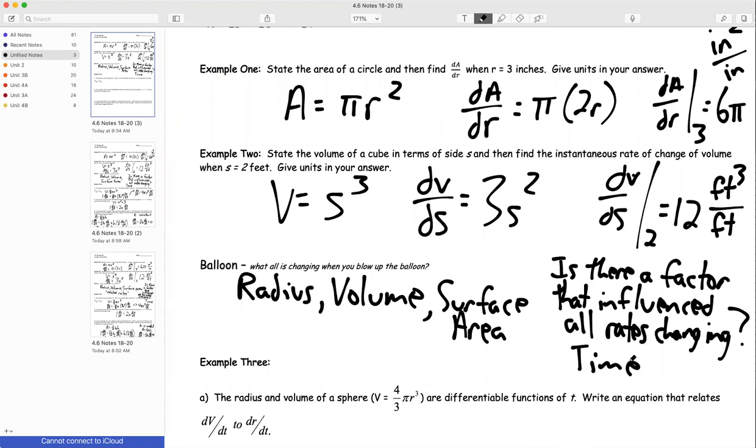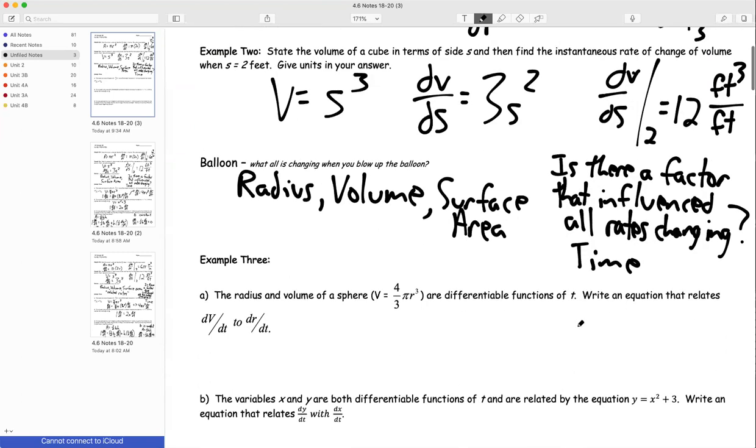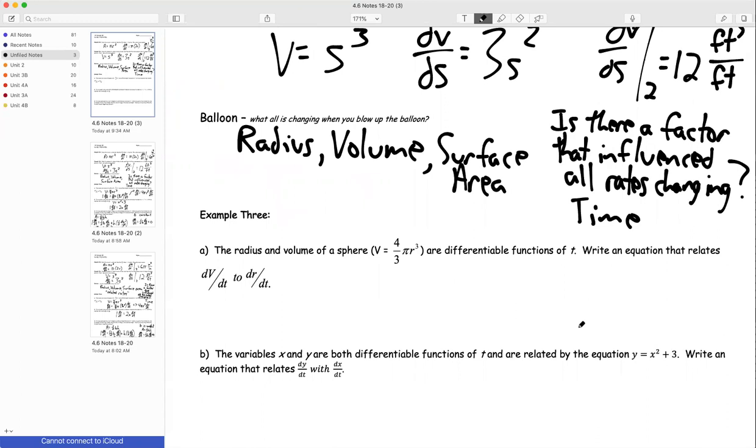So you do not have to write this down, but let's do a quick little review of implicit differentiation. Oh yes, so let's say I've got y cubed equals 2x plus 2y. And I wanted to take the derivative. The derivative of y cubed is 3y squared, and then I've got to tag it, right? dy/dx.